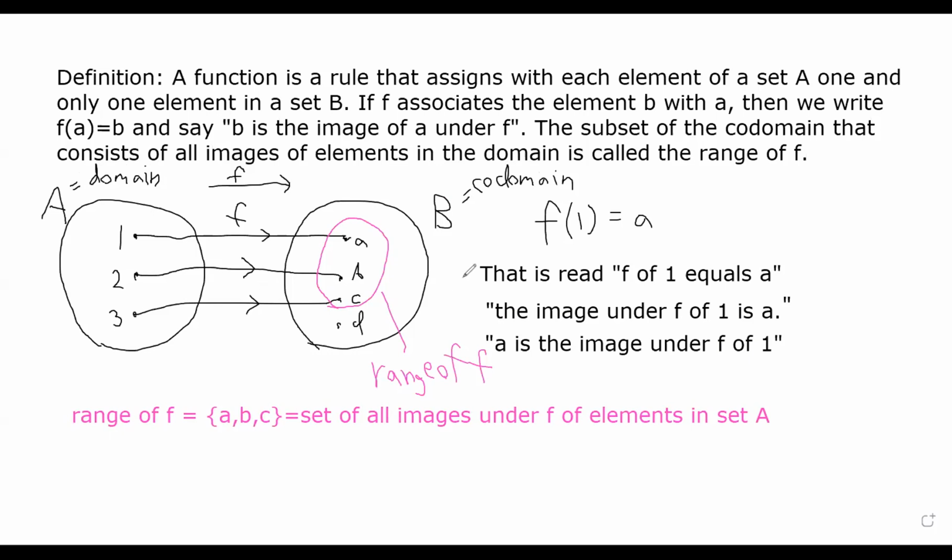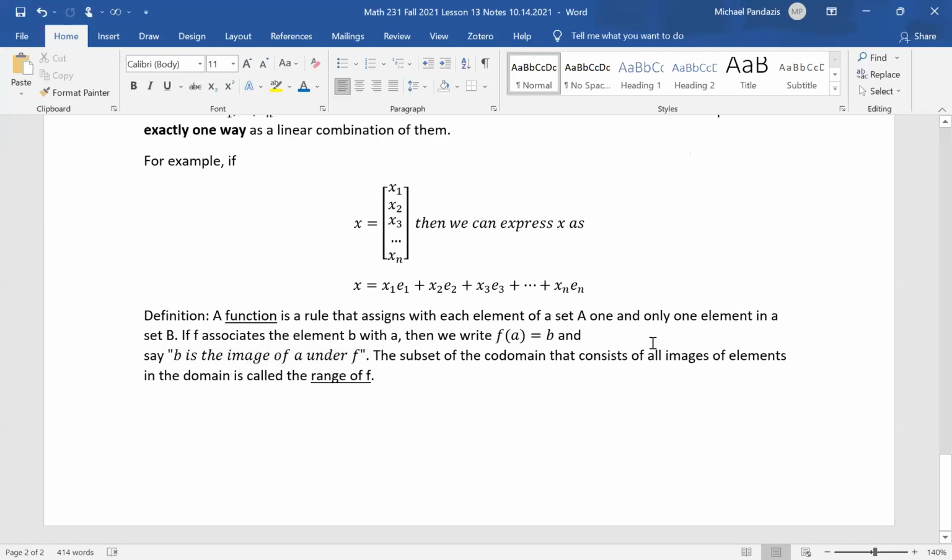So A is the domain, B is the codomain. The set B is called the codomain.